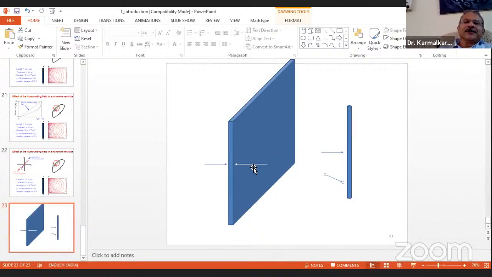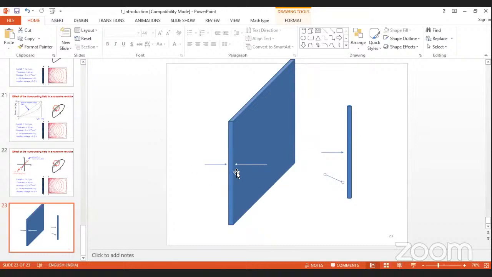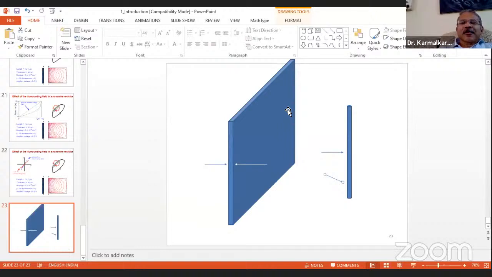You have movement along this plane, isn't it? Movement in this direction is restricted, but movement in this direction is not restricted. Whereas in a wire, movement is restricted in this direction also and in the perpendicular direction also.